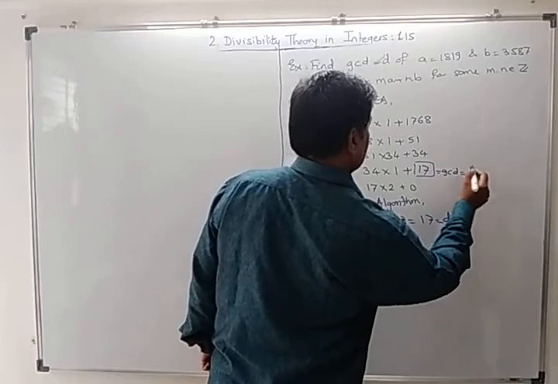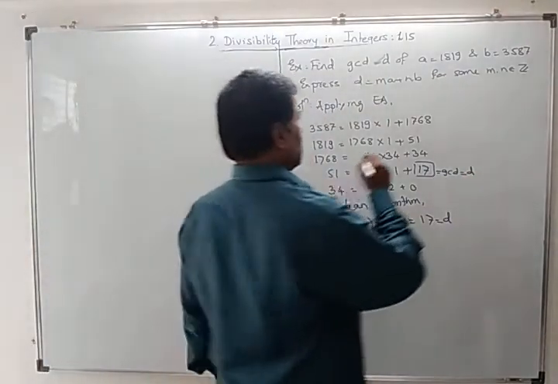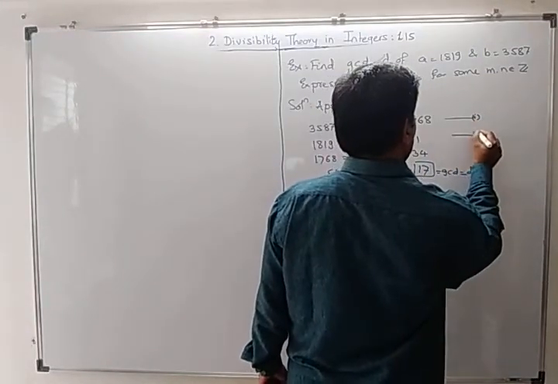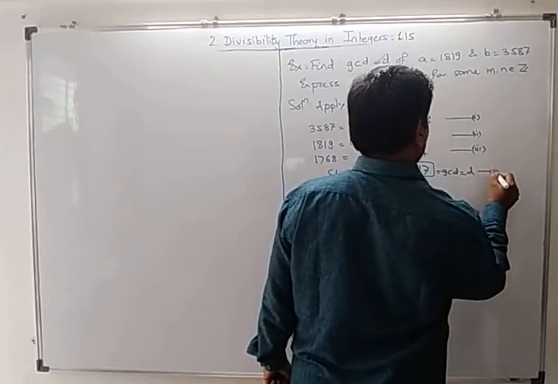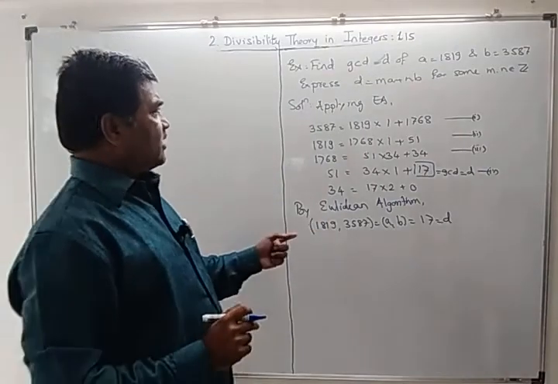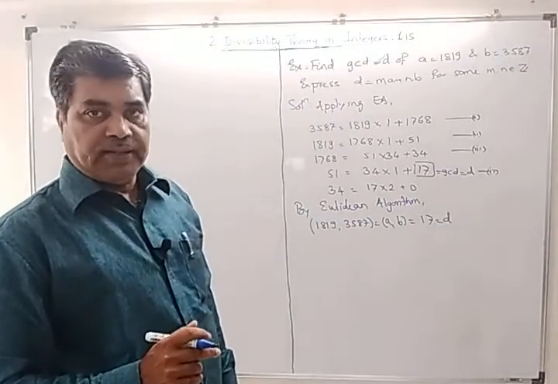This is my d, the GCD. So we'll give equation number 1 here. This is 2, this is 3, and this is 4, the second last equation. So we have to express d as a linear combination of a and b.